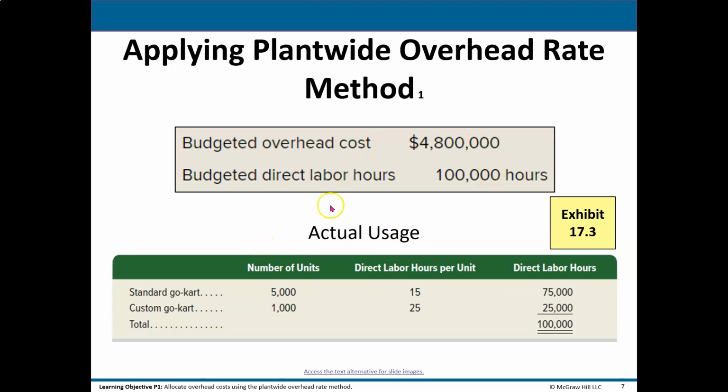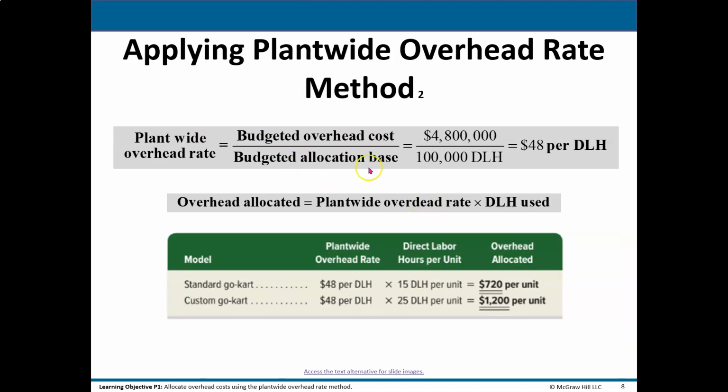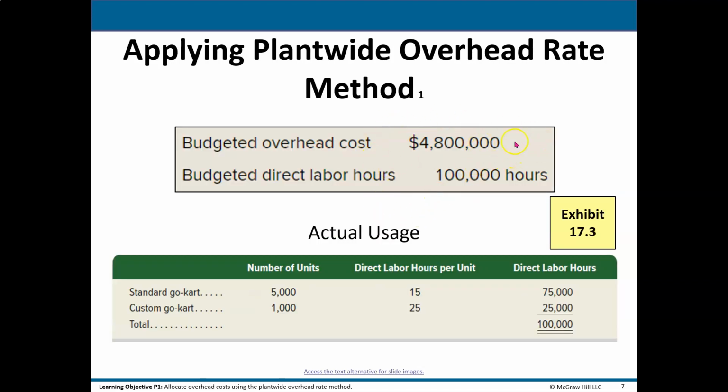Now, when we're figuring out our budgeted allocation base, we already have our overhead costs, but now we're going to calculate our budgeted direct labor hours, and we're going to have 100,000 of those. How do we get that? Well, we estimate the number of units we're going to produce for each. For standard, we're going to produce 5,000 units.